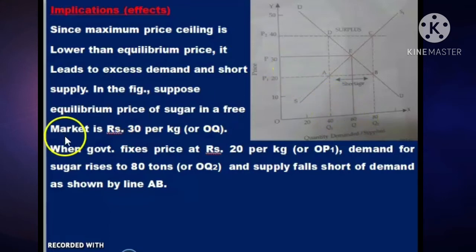When the government fixes the price at rupees 20 per kg, or OP1, the demand for sugar rises to 80 tons. So demand will rise from 60 to 80 tons. That is, OQ2 quantity will be demanded.